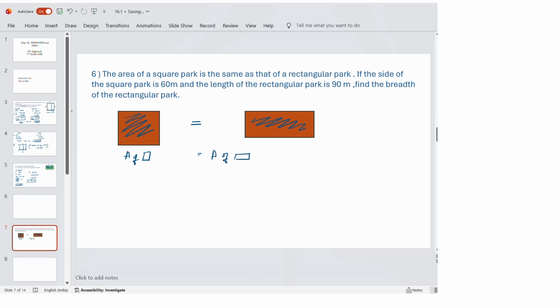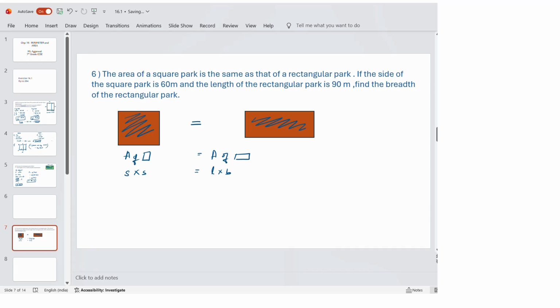So the area of square would be S into S. And area of rectangle would be L into B.